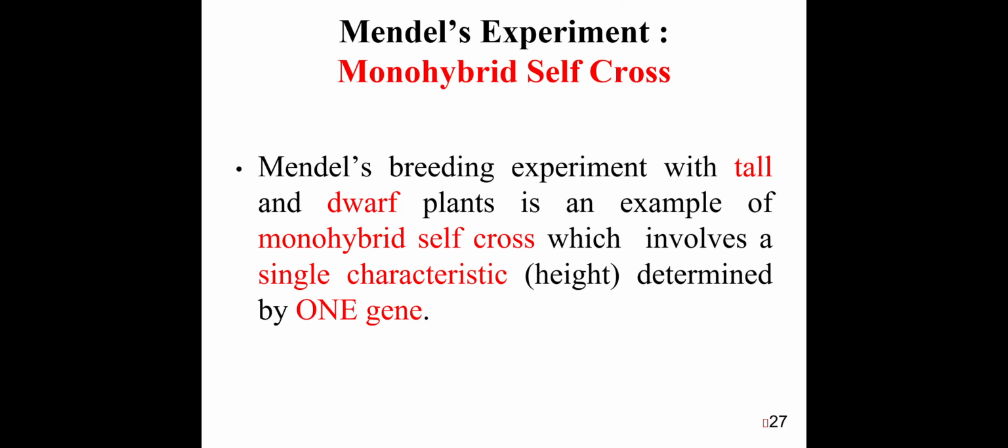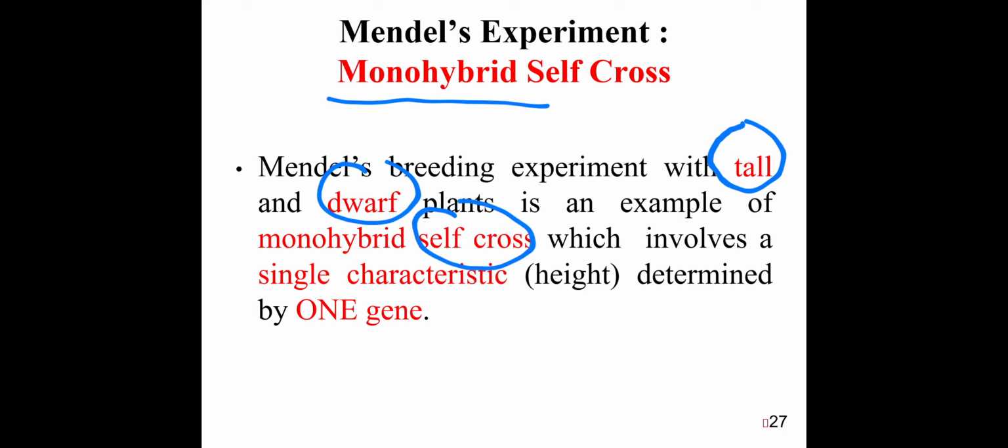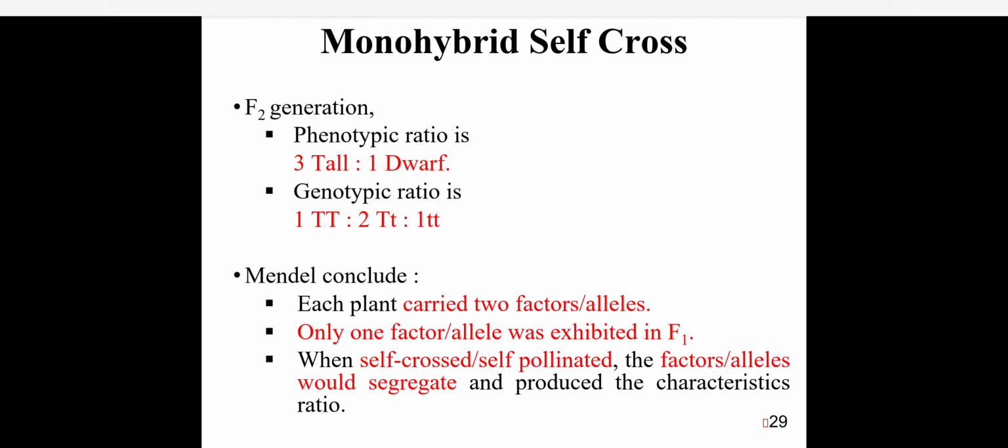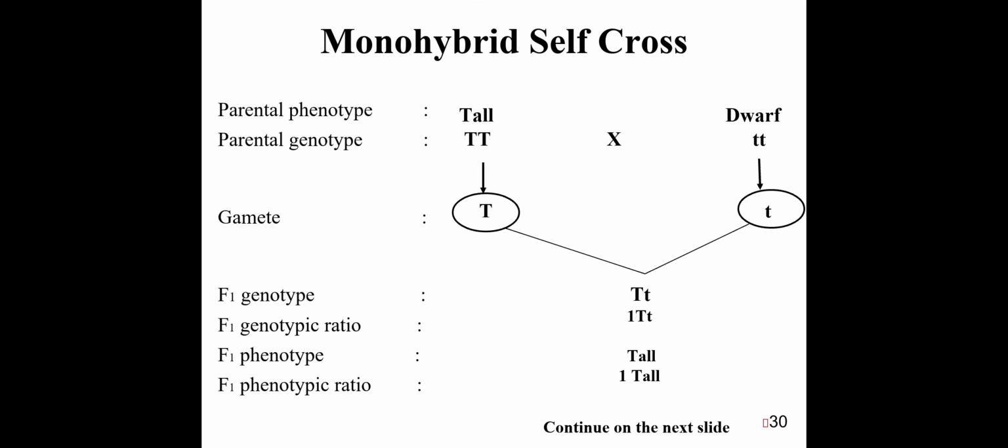Contohnya kita tengok satu karakteristik, monohybrid adalah satu karakteristik. So Mendel cross antara tall dan dwarf plant dalam self cross yang determined by one gene. Okey, kita akan tengok dia punya cross. So cross yang represent seperti Mendel's First Law.